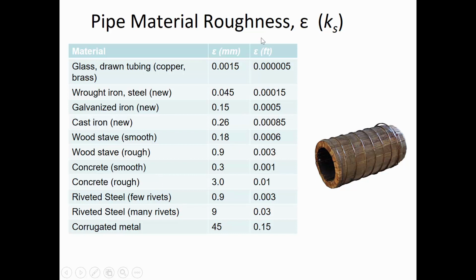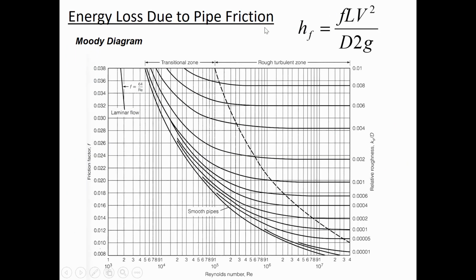This just illustrates that different pipes have different roughnesses. Even when you're using the Darcy-Weisbach equation, which is a more sophisticated way of accounting for friction loss compared to Hazen-Williams, in the Hazen-Williams equation that C value is supposed to be independent of flow conditions, and it only applies for water at a certain temperature and over a very narrow range of flow velocities and pipe diameters.